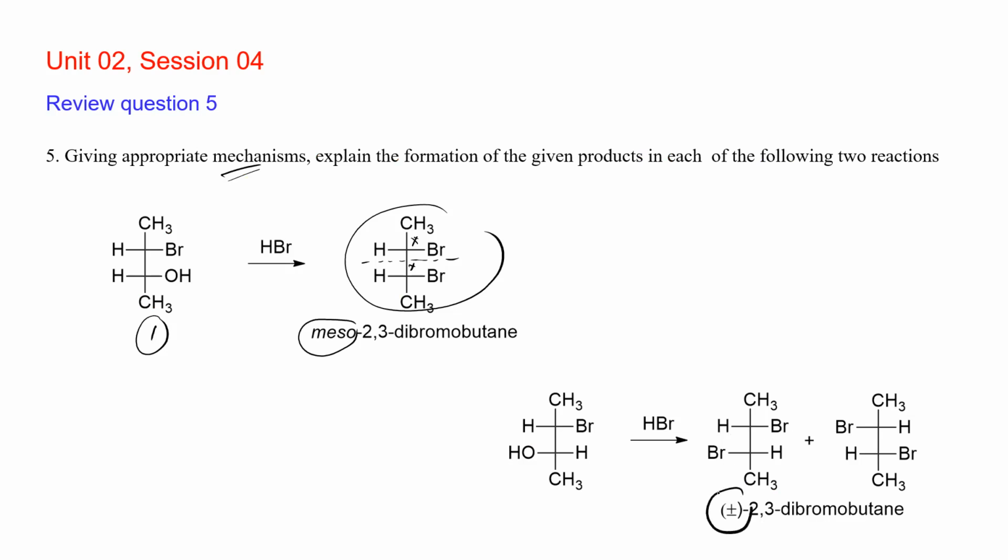Optical activity means the ability of these molecules or this mixture to rotate plane polarized light. When you put plus and minus in front, that means it's a racemic mixture. It rotates the plane polarized light in both directions in equal amounts by these two molecules. So it's a racemic mixture, and overall it is optically inactive.